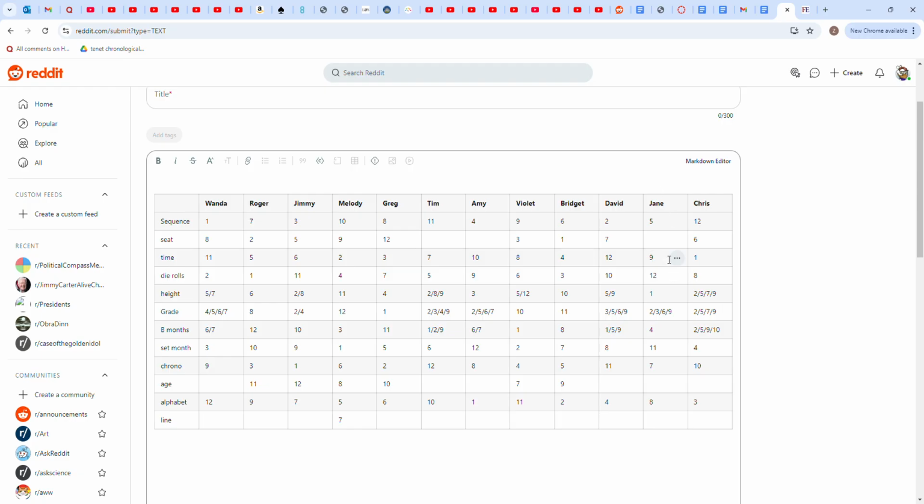Jane's time. Okay, well, this tells us, first of all, we now know the times that each scene was set in. That's going to be this row here. So Jane's scene was set at 9 o'clock. And that means we can eliminate the 9 from the possibility of her grade.